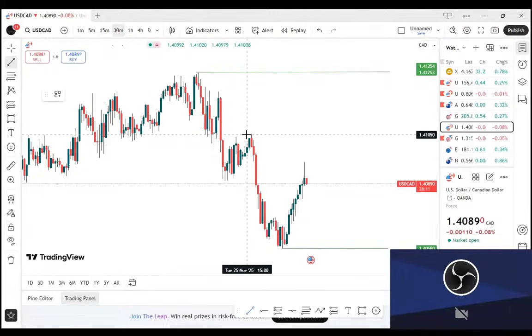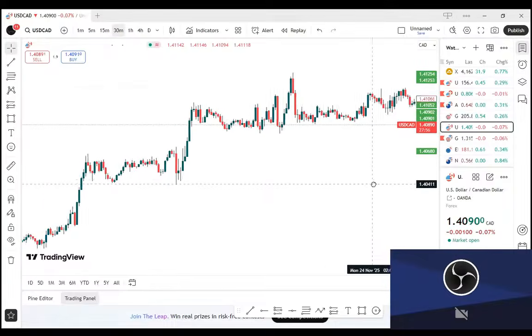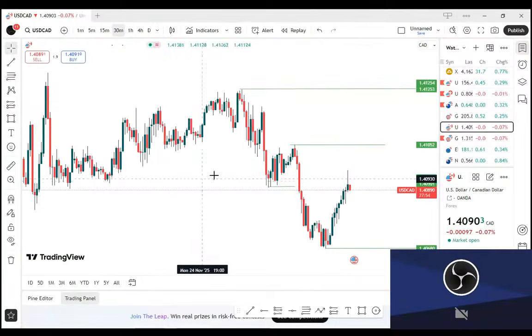We're looking at this as the swing level price created. And we're looking at this as the breakout structure price created.